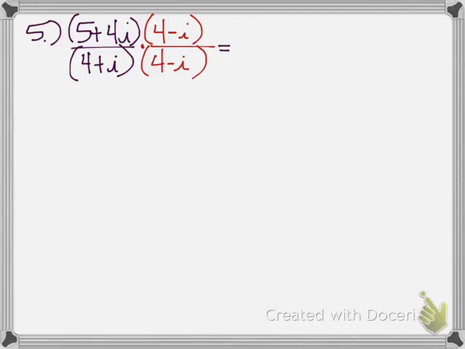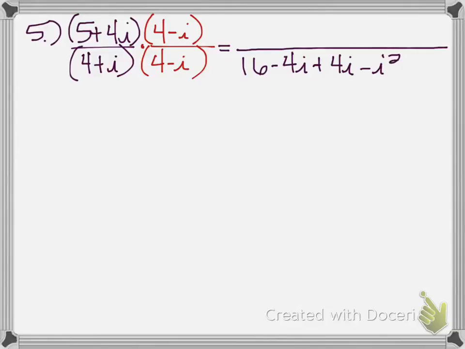So let's FOIL the bottom first. First terms, 4 times 4, 16. Outer terms, we have 4 times negative i, so that's negative 4i. My inner terms would be a positive 4i. And my last term would be negative i squared.